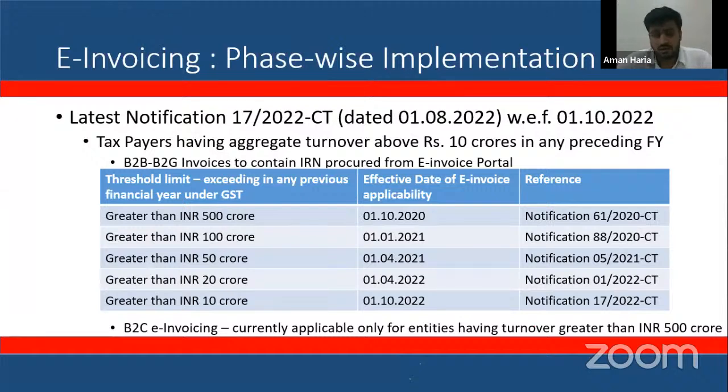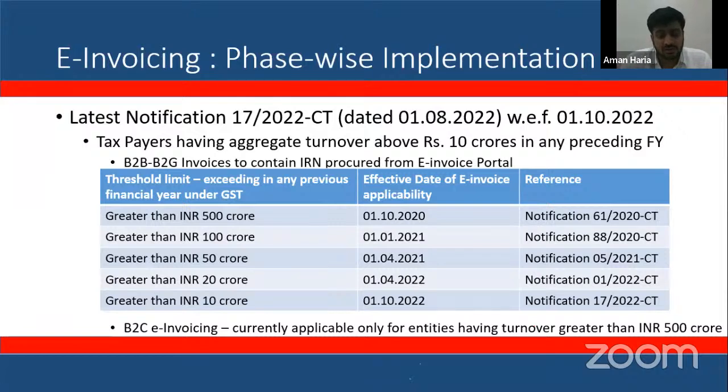Before we go into further details, one thing I would again like to clarify is that there are two types of e-invoicing provisions. The first one is specifically for B2B and B2G, business to business and business to government entities, and the other one is for B2C e-invoicing. B2B and B2G is what is going to be covered today, because B2C e-invoicing is currently applicable only for entities having turnover greater than 500 crores.